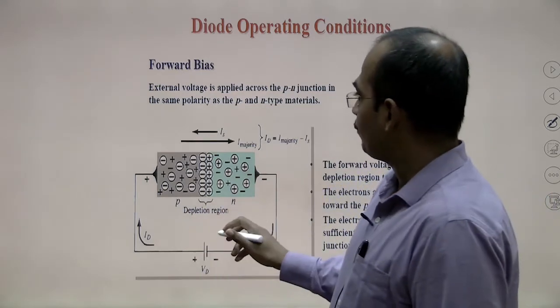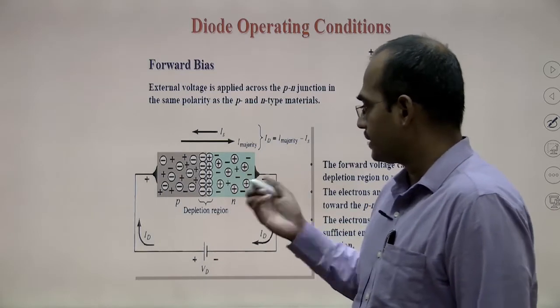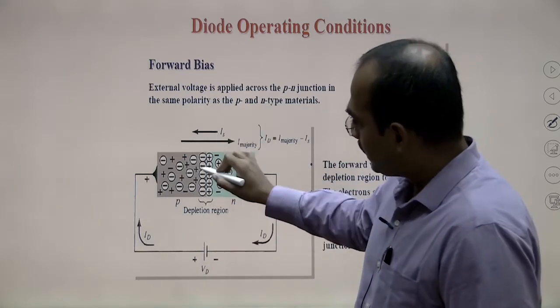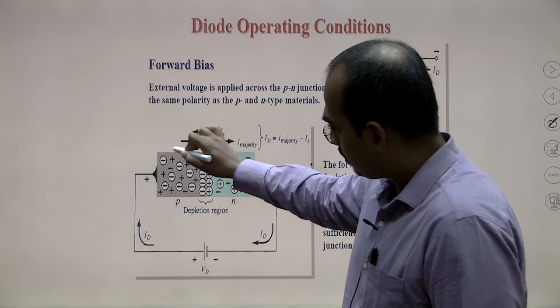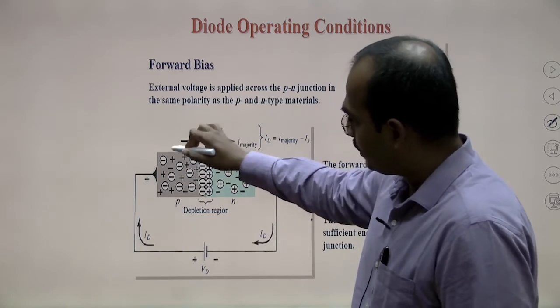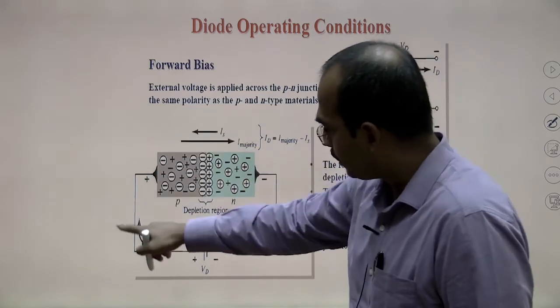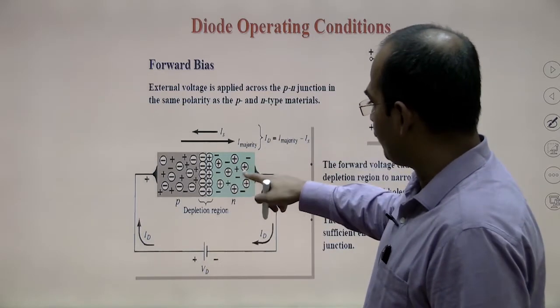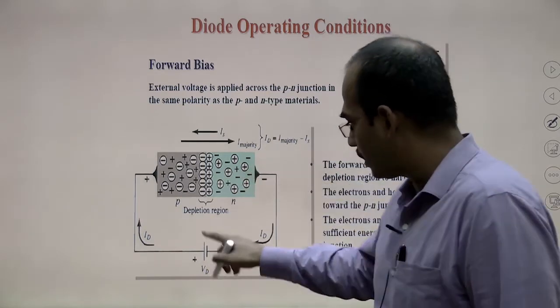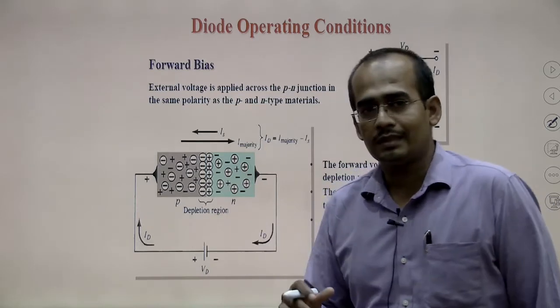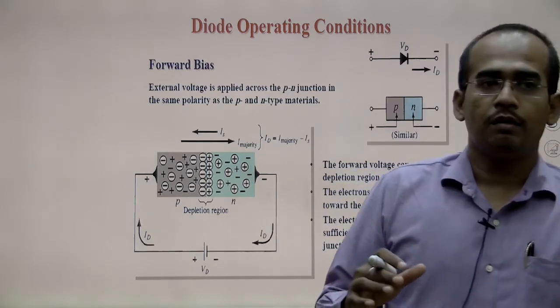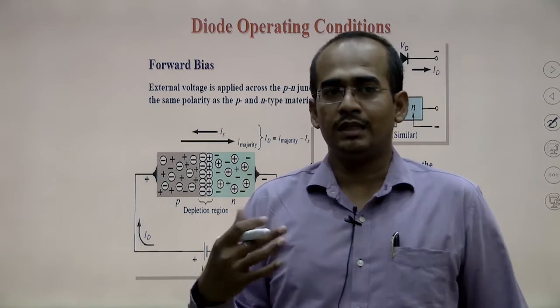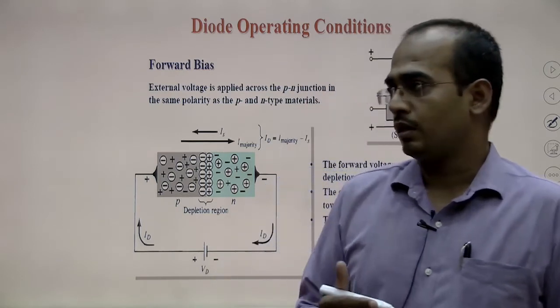Or you can say when the p side of the p-n junction diode is connected to the positive terminal of the battery and the n side is connected to the negative terminal of the battery, then this biasing method is known as forward biasing.